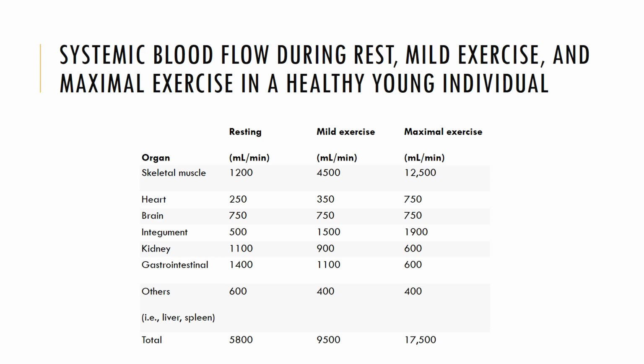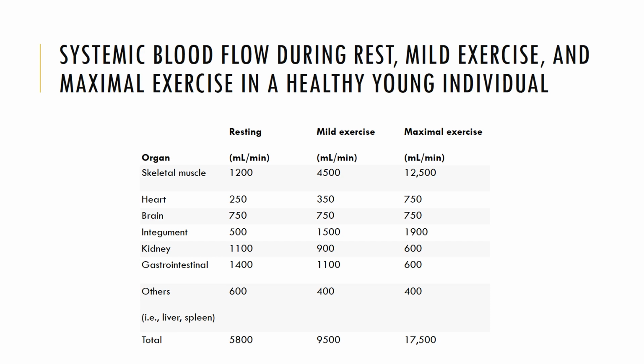When someone is exercising very heavily, cardiac output rises towards the maximal level, about 17,500 milliliters per minute. You can also see the distribution of blood flow during rest, light exercise, and heavy exercise to various organs of the body.